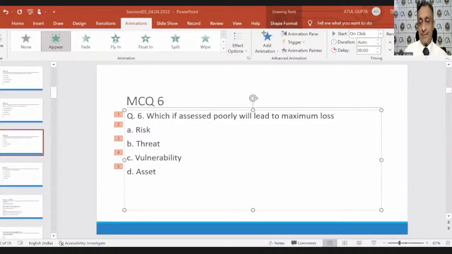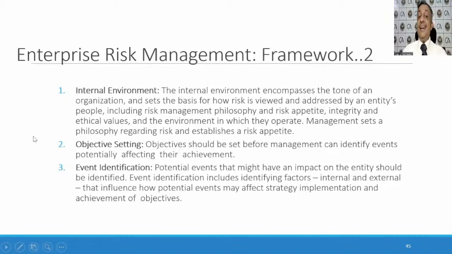Internal environment encompasses the tone of an organization, and sets the basis for how risk is viewed and addressed by the entity's people, including risk management philosophy, risk appetite, integrity, ethical values, and the environment in which they operate. Management sets a philosophy regarding risk and establishes a risk appetite.